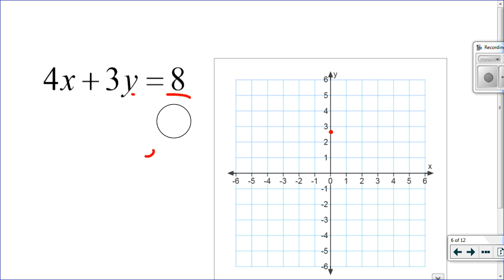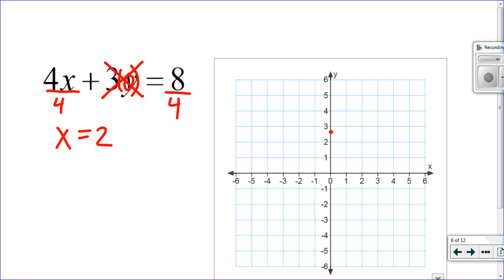Let's try that one more time. If I replace y with 0, I'm essentially getting rid of that term. I'm going to divide by 4, and I get x equals 2. So my x-intercept is 2. I have 2 points that make a line. Right? You're, of course, going to use a straight edge to graph your lines.